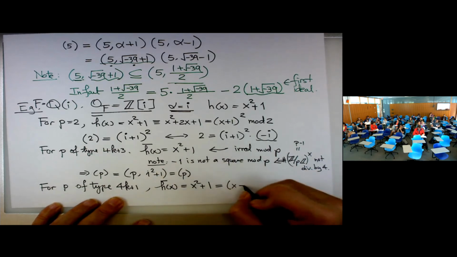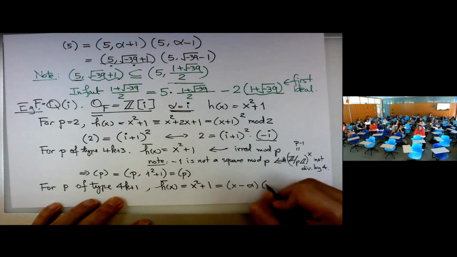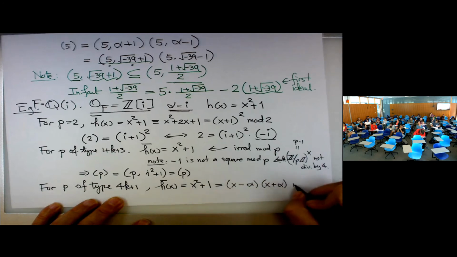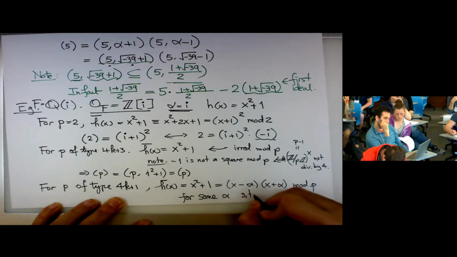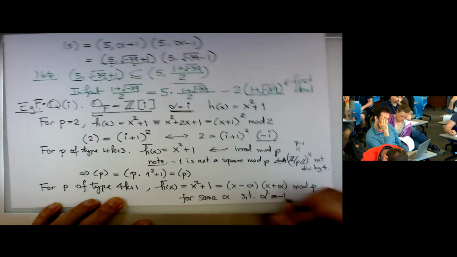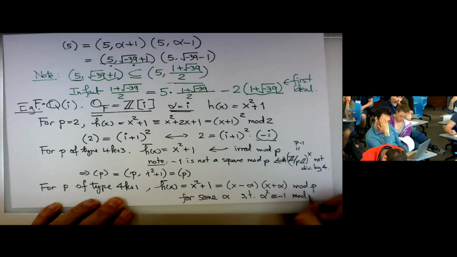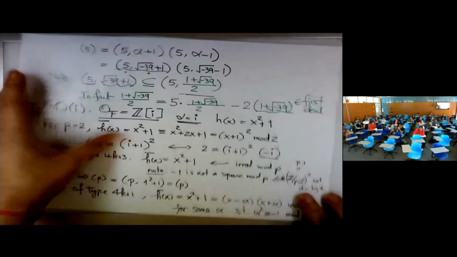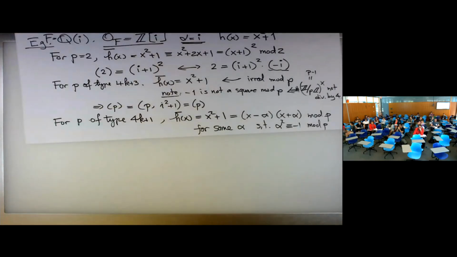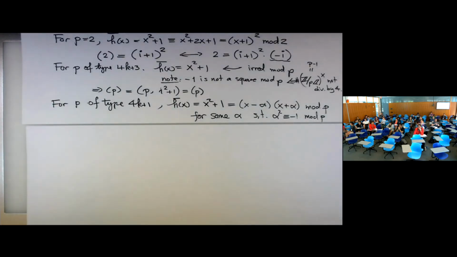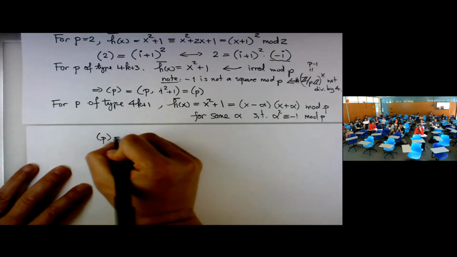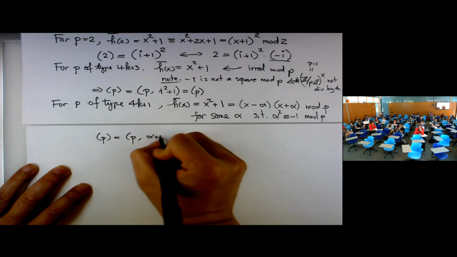So you can have some alpha such that alpha squared is negative 1 mod p. Okay, and in this case, you should get this.